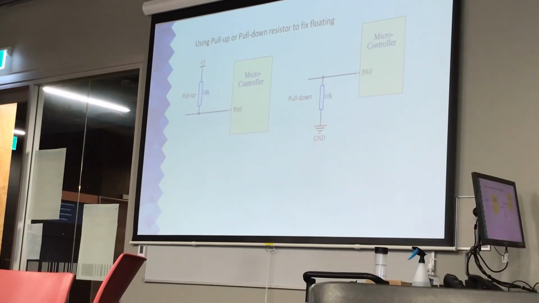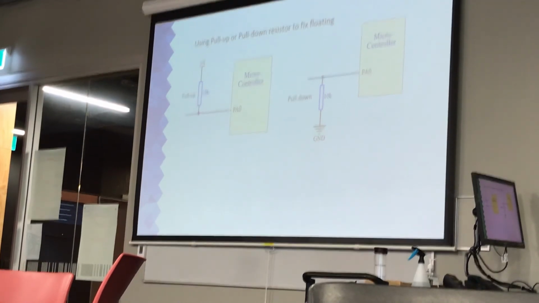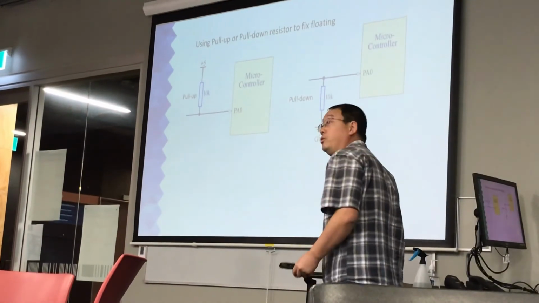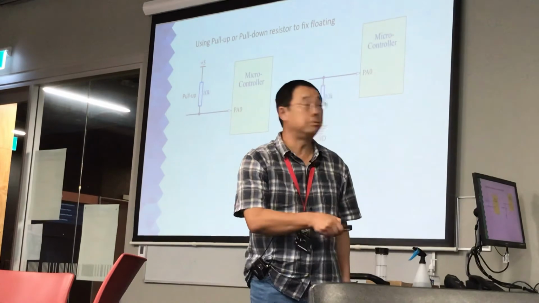So now I put a pull-down resistor on it. If I do that, I am not going to have the floating problem.